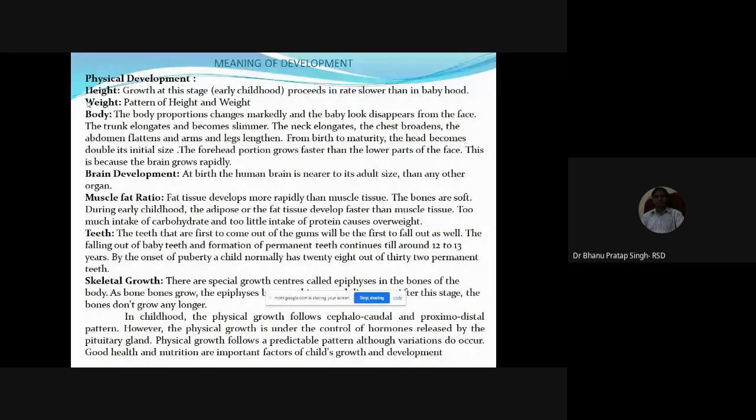As for the muscle-fat ratio, fat tissues develop more rapidly than muscle tissues. The bones are soft in childhood, and thereafter they become hard and strong.